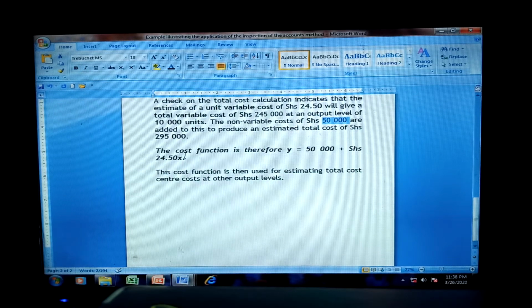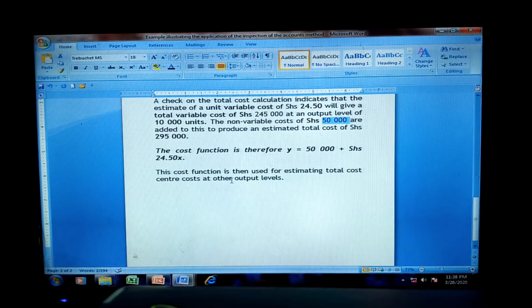Now we have our cost function, that is y equals 50,000, that is the fixed component, plus 24.50x, that is your b, the coefficient of x. So this cost function can be used to estimate total costs at other output levels. So that is the inspection of the accounts method.